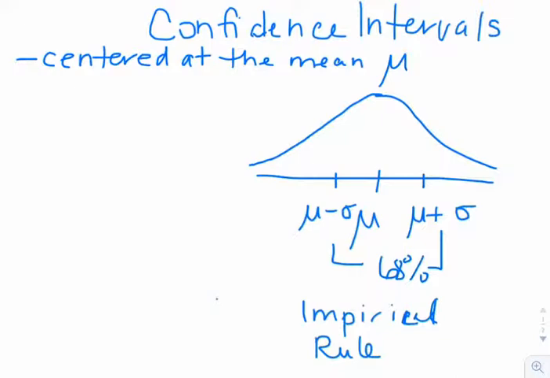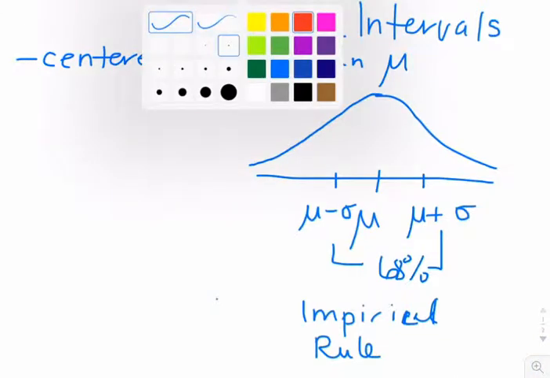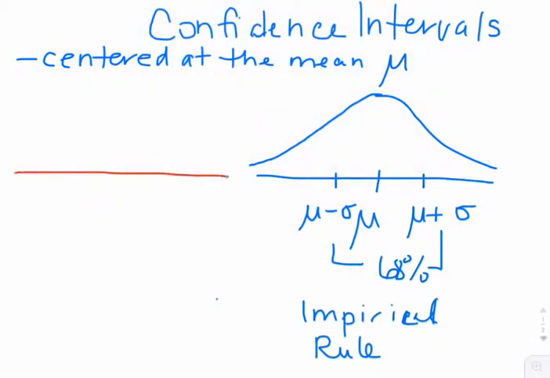So let's say we're going to be looking at a confidence interval of 80%. So let's say we would like our interval to contain 80% of the data.